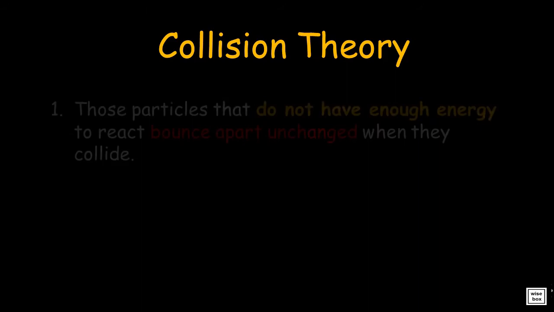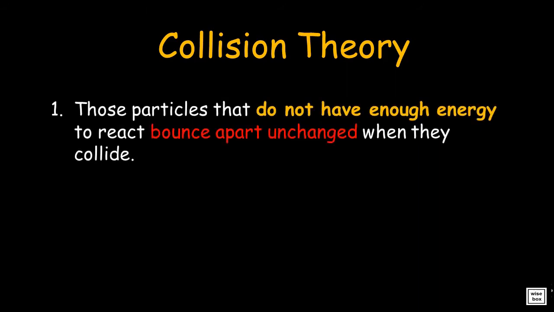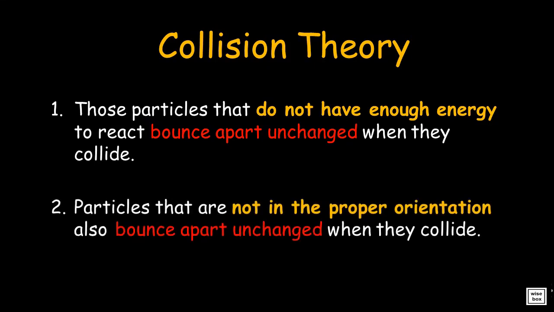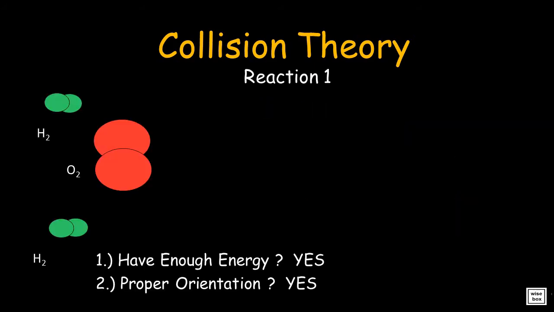This means those particles that do not have enough energy to react just bounce apart unchanged when they collide. Also, the particles that are not in the proper orientation simply bounce apart unchanged when they collide. To better understand this, let's have some illustrations.